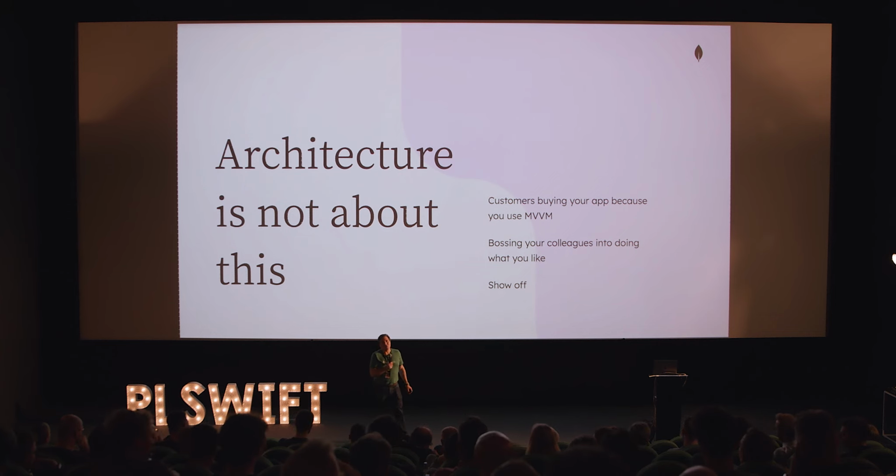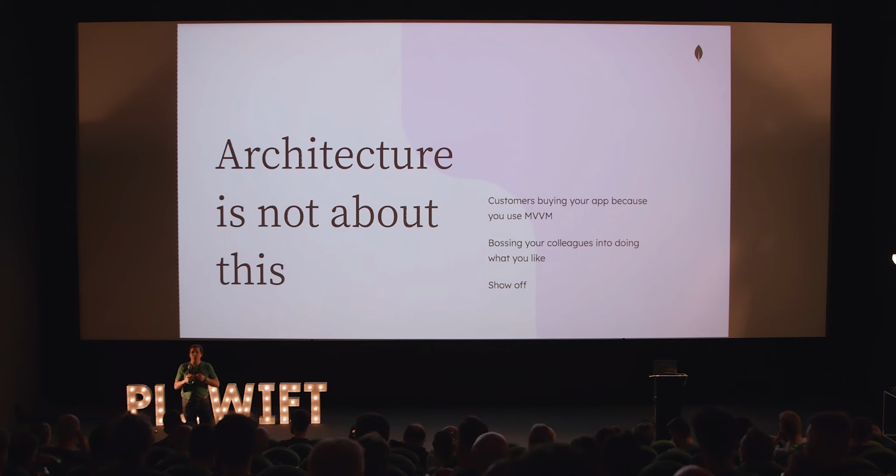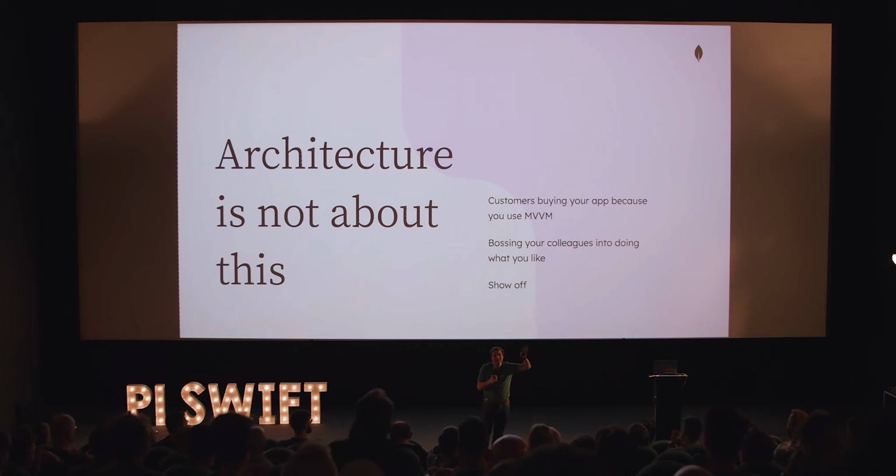It is also not about telling your colleagues how to do things properly because you are the smartest one in the team. It is important that you agree with your team and you use some consistent way of implementing the architecture of your application. And you have to share knowledge and listen to others in order to get that. And it's not about showing off how smart you are and doing tricks with SwiftUI and all this stuff.